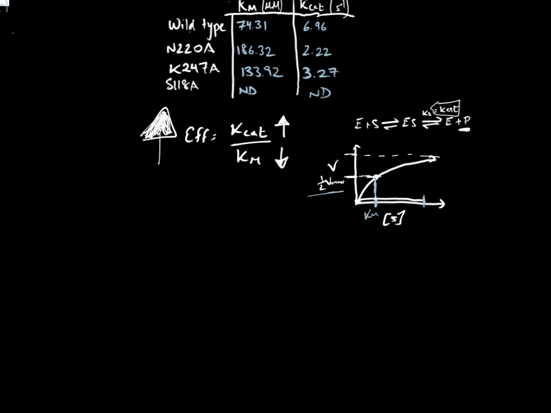So what you would do is make a new column, and it would be kcat over Km. Now one thing to be careful of is that you want kcat to be in molarity, not in micromolarity. So you want to convert this into molarity first and then divide it by Km.